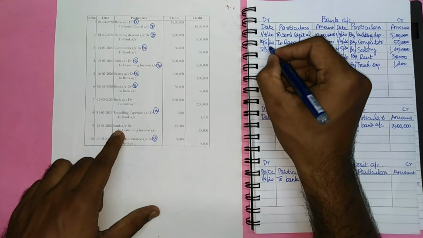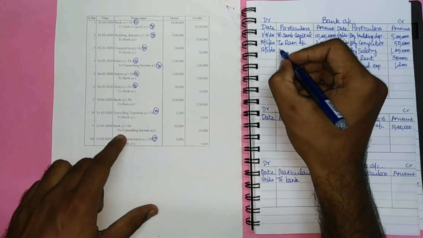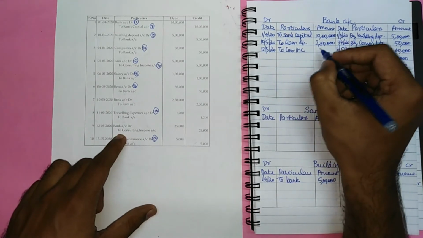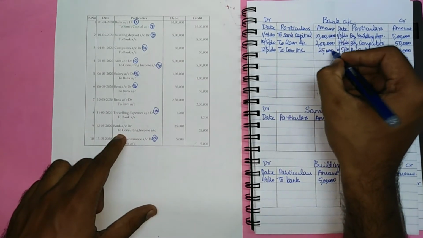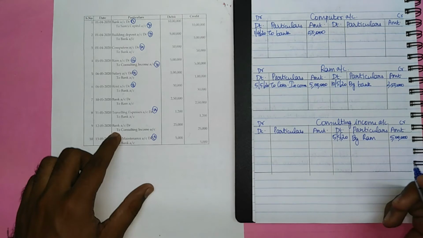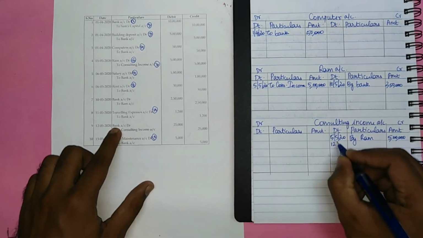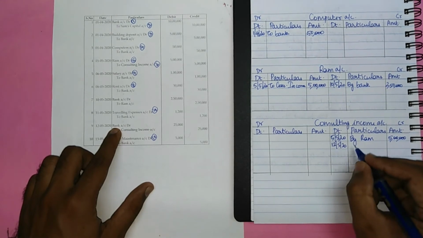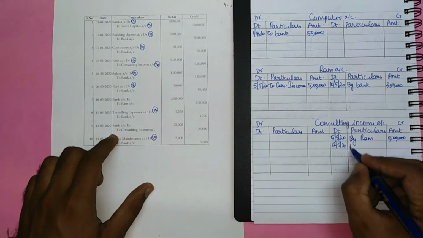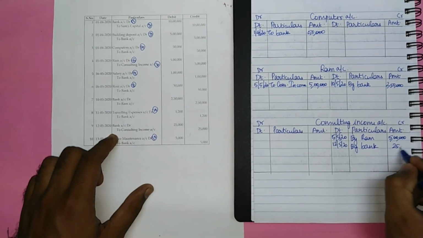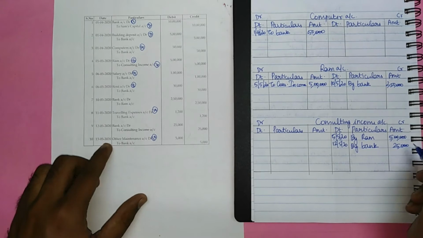On 12th May 2020, to consulting income, rupees 25,000, and consulting income account needs to be credited with bank account for 25,000. On 12th May 2020, by bank, 25,000.